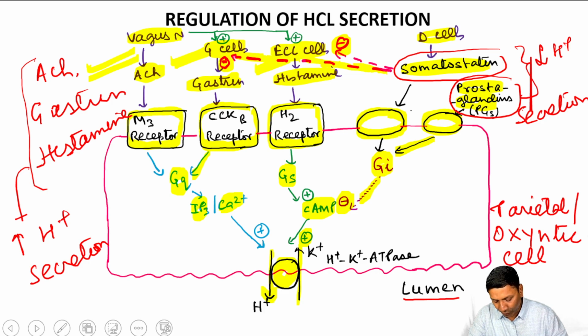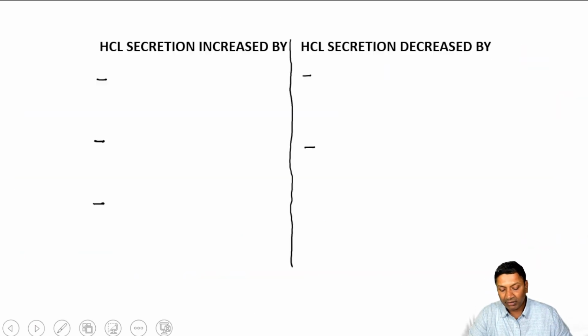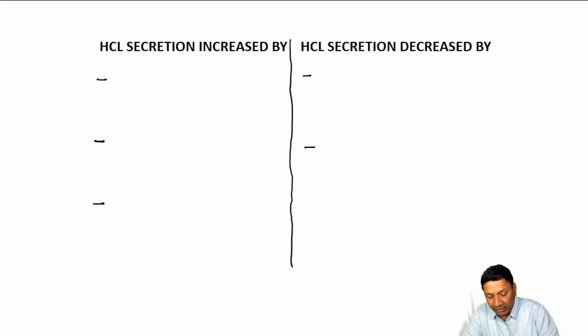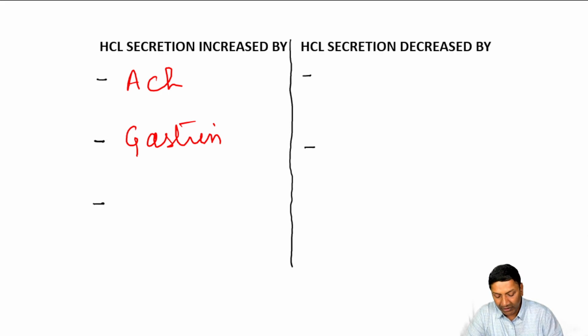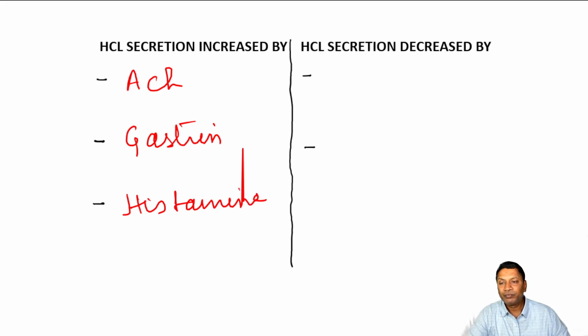So now in this I told you what are the factors which will increase the hydrogen ion secretion, and what are the factors which will decrease the hydrogen ion secretion. I told you one factor, that is the acetylcholine. So acetylcholine will increase the hydrogen ion secretion, right. Then the hormone gastrin secreted by the G cells, then the histamine secreted by the enterochromaffin-like cells, right.